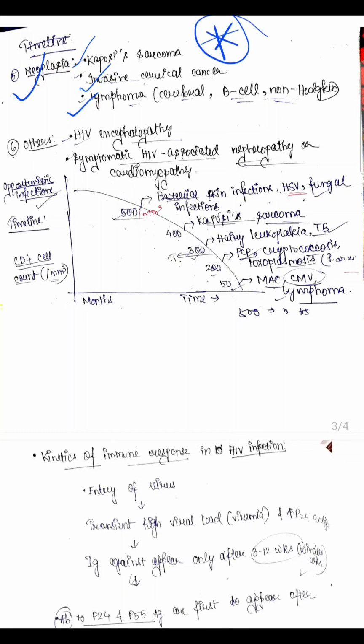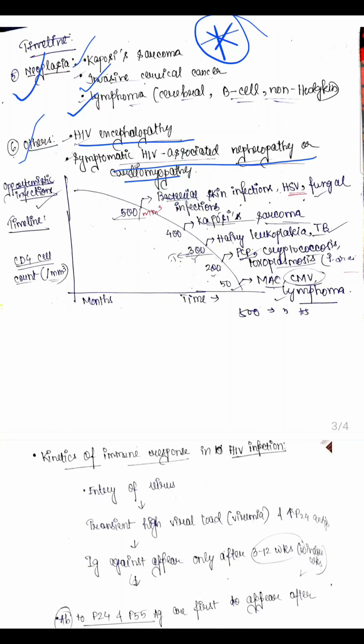Another important infection which we can consider under the viral infections is parvovirus B19 infection. That is also a very important infection that is seen in HIV infected patients. And in the others, we have HIV encephalopathy, and symptomatic HIV associated nephropathy or cardiomyopathy.